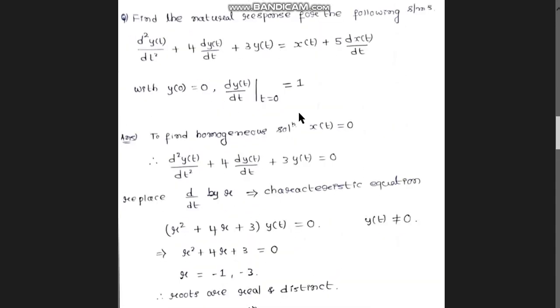Next, we apply t equal to 0 to the differentiated equation. You will get minus c1 e power 0 minus 3 c2 e power 0. So you will get minus c1 minus 3 c2 equal to the value of the derivative at t equal to 0, which is 1. Now to solve this, you can use your calculator or just follow the traditional method.